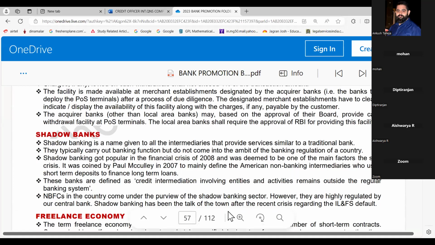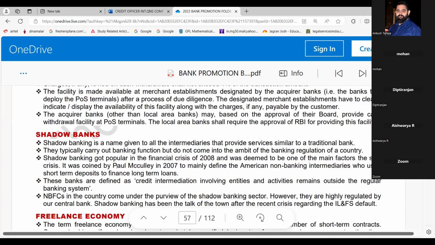What is shadow banks? Shadow bank is a name given to all intermediaries that provide services similar to traditional bank. They typically carry out banking function but do not come into the ambit of banking regulation of a country. Shadow banking got popular in the financial crisis of 2008 and was deemed to be one of the main factors of the said crisis.